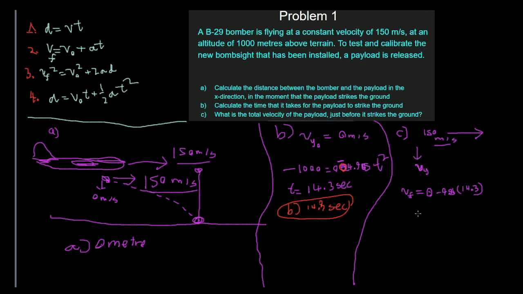So now we get that V final equals negative 140 meters per second. So now we can just use Pythagoras theorem. V equals square root of negative 140 squared, so now this is positive, plus 150 squared.